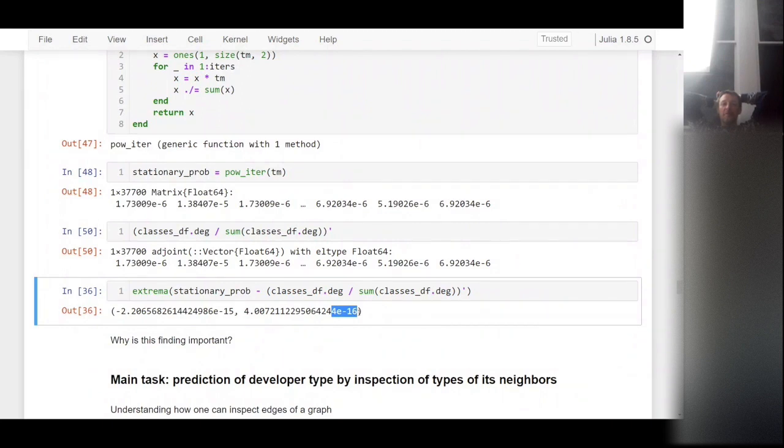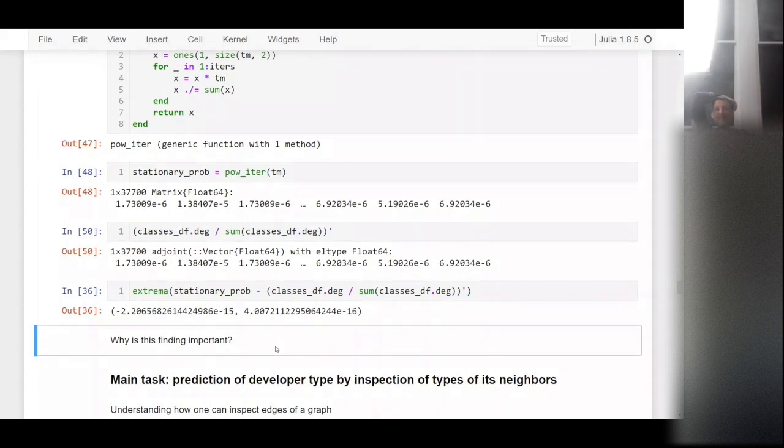So before we move forward, maybe you can tell me why this finding is important. We have learned that if you travel around a network, you are more likely to visit high degree nodes. But why is it important, do you think?